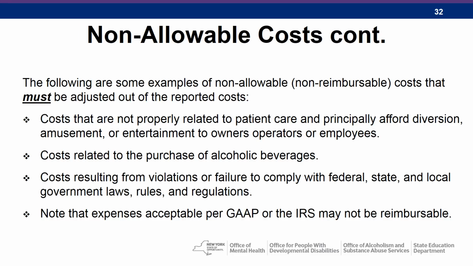Costs resulting in violations of or failure to comply with federal, state, and local government laws, rules, and regulations, and costs of training afforded staff that does not directly relate to the fulfillment of their required duties.